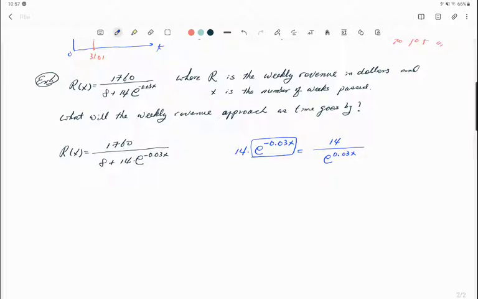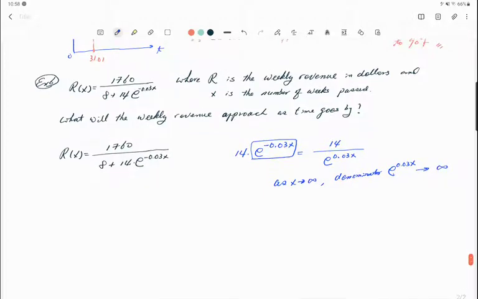So from this, as x approaches infinity, as time goes by, infinity means it gets very, very large. Then the denominator, which is e to the 0.03x, gets large, right? Very large.